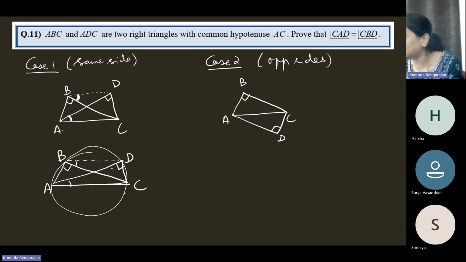Angle in a semicircle is a right angle. There's also a theorem which has been removed from your syllabus, and this is actually based on that theorem. Since it's not a part of your syllabus, I'm not mentioning it.